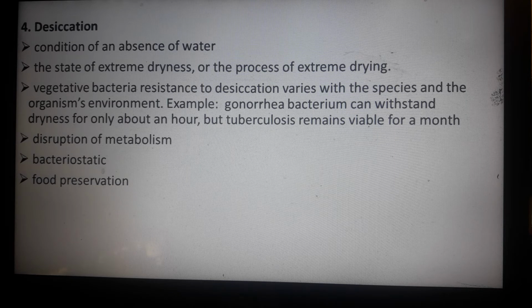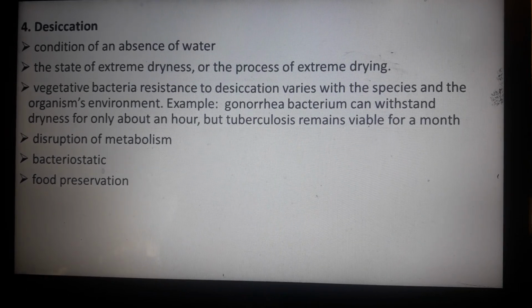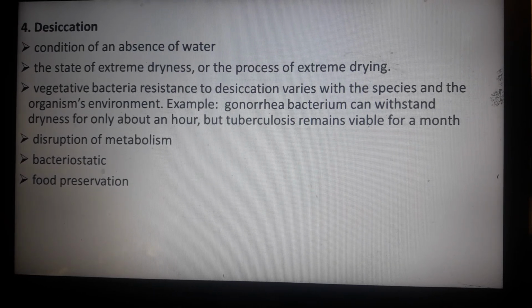Disruption of metabolism in bacteria leads to a slowing of the capacity of bacteria to cause infections, because there is no energy being utilized by bacteria during the infection. Bacteriostatic inhibition of growth and of course food preservation are examples of the importance of the desiccation process.